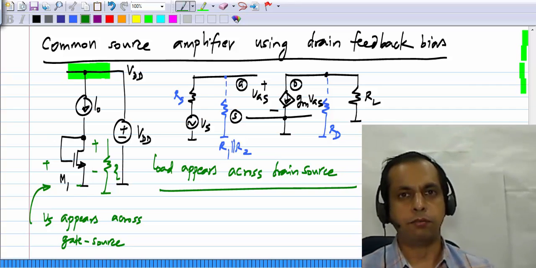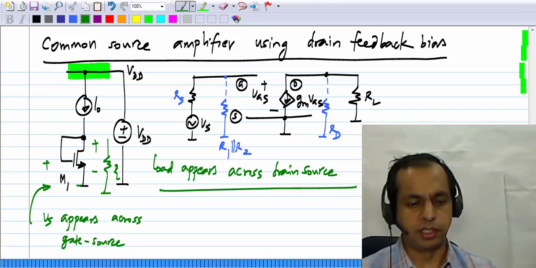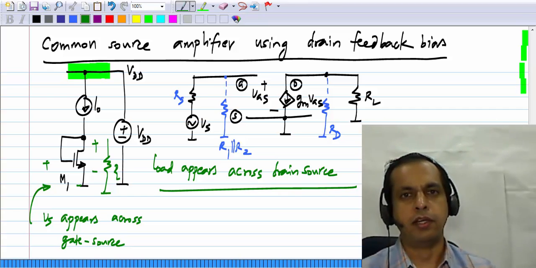Now, of course, this must happen without disturbing the bias. So, let us try to do this. We already know all the principles we need for this. We know how to add signal to bias.